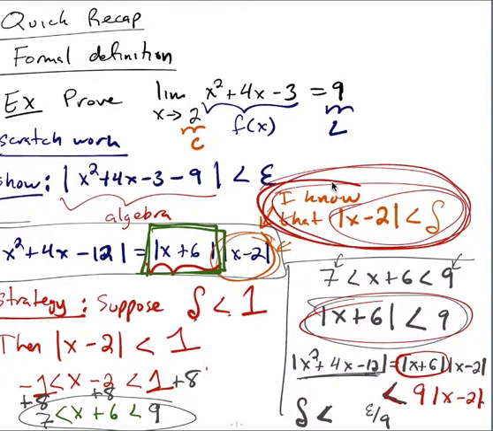Because, for example, not that you would ever do this, but let's just say epsilon is 100, which is a bit silly. Well, 100 divided by 9 is about 10. But you had already said earlier that delta was going to be less than 1, so you're contradicting yourself. That's why you say delta is going to be less than the minimum of 1 and epsilon over 9.